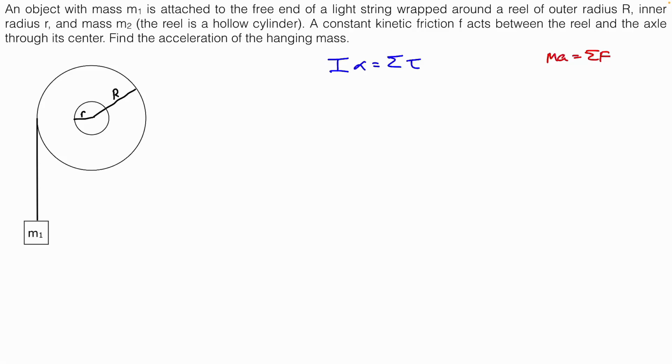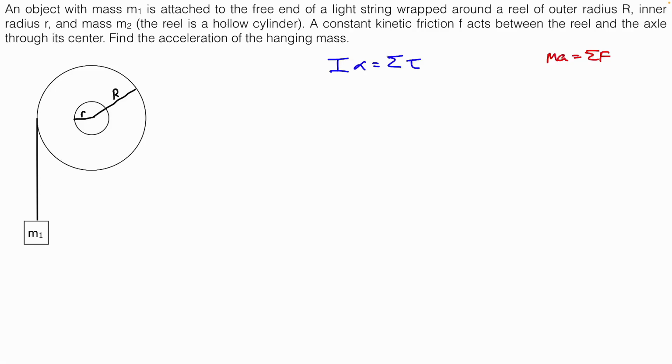So in this central axle area, I'm going to take the blue off, okay? That central area right here, which is the axle, there's friction as this reel part right here goes around.